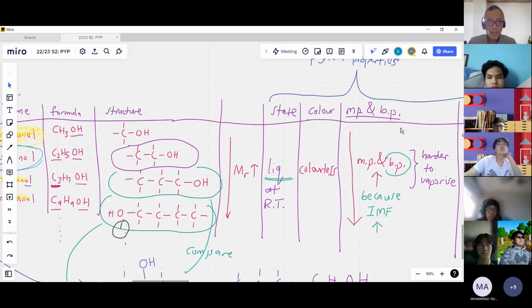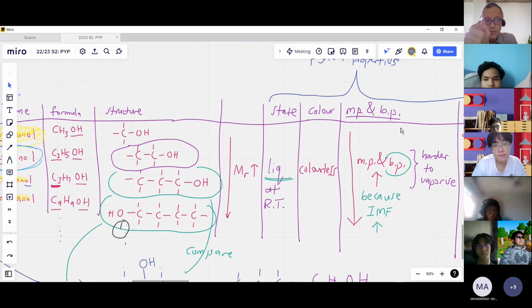So take note, as you go down the family, MP and BP increase. Of course, that also means, remember, they are all liquids, that as you go down the family, they become harder to vaporize. They tend to remain in the liquid state.